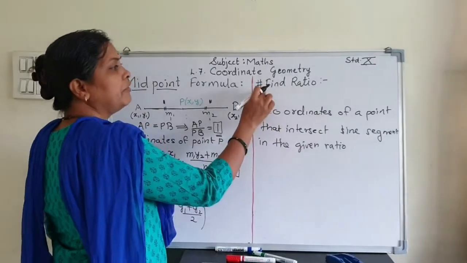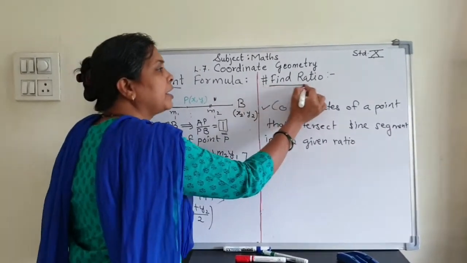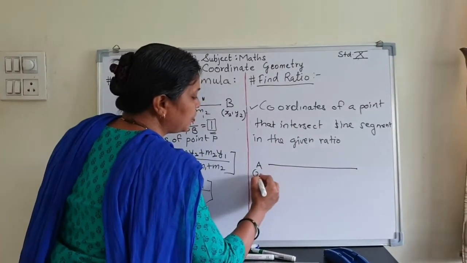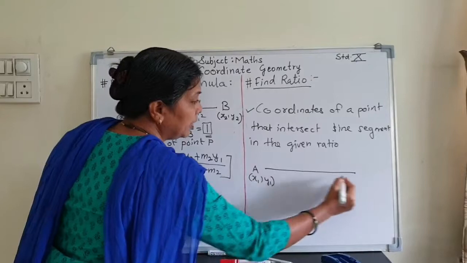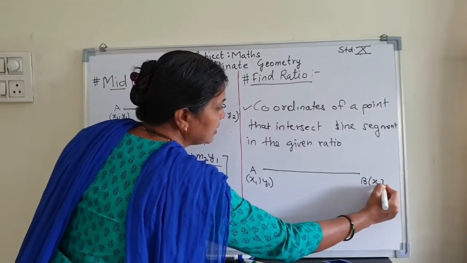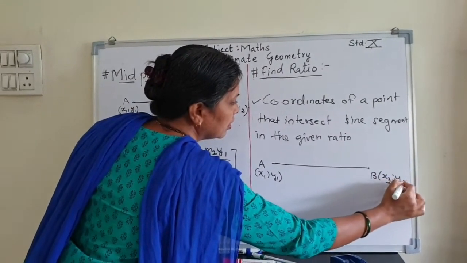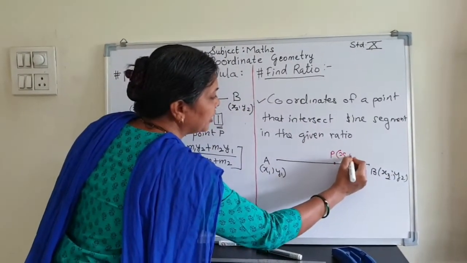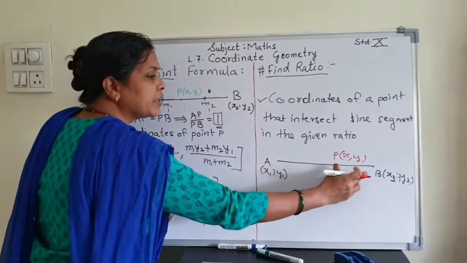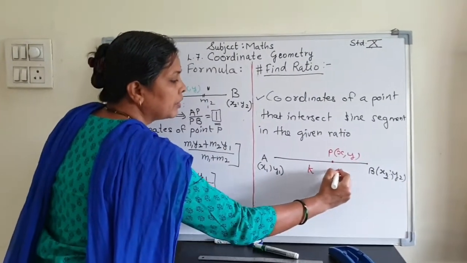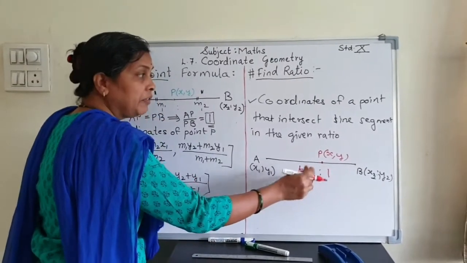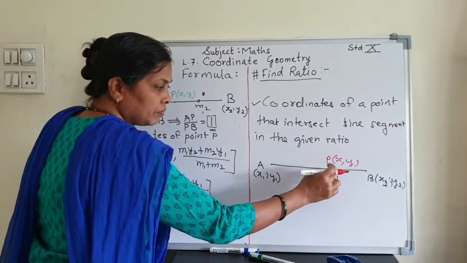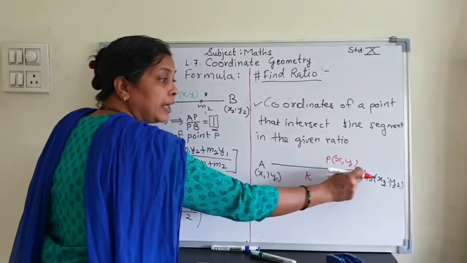And sometimes we even use this section formula to find the ratio, if a line segment is given, the coordinates of these points are given, as well as the coordinates of this point, and we need to find this ratio. So we use here the ratio k:1 and we find the ratio in which this point divides line AB.